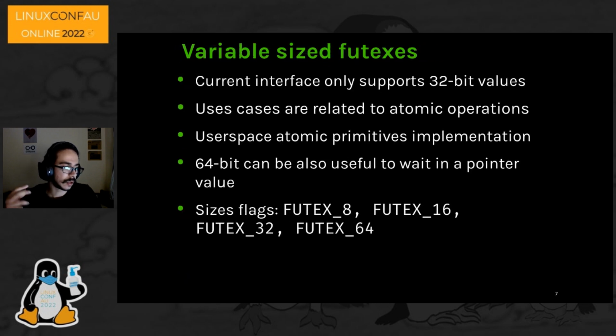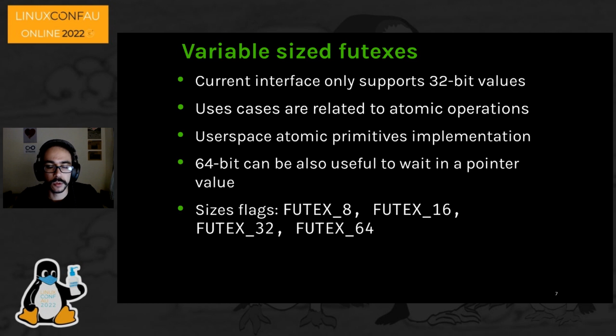Another interesting use case that people have been wanting on futex is variable sizes, because the current interface can only use 32-bit values. So you need to use a pointer to a 32-bit integer. But there are some very interesting use cases that want to use variable size futexes.